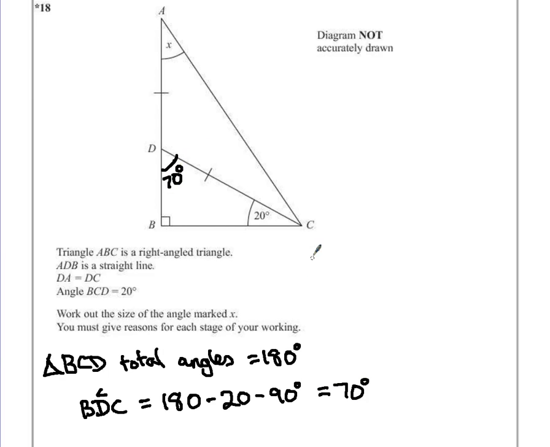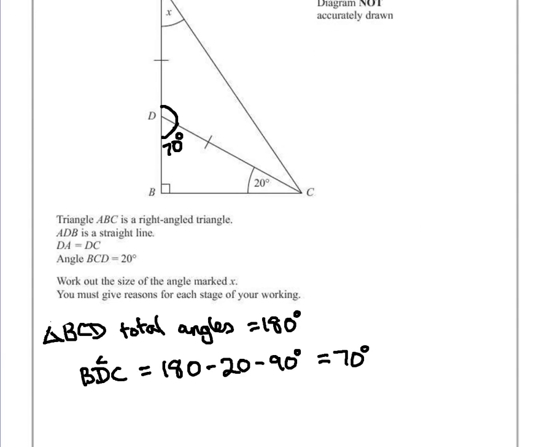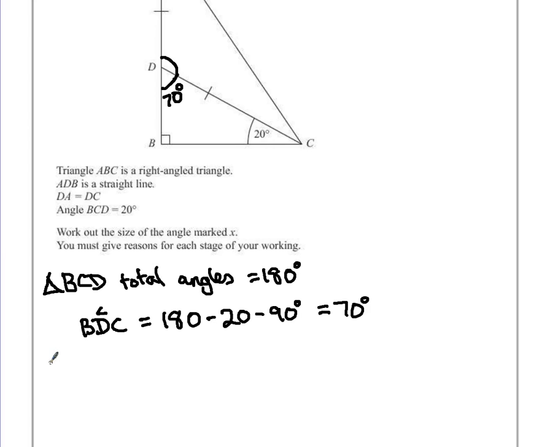So what else can we work out? Well, the next stage is going to be this one here. I can work out this angle, and that's known as angle ADC. The fact that we're going to use here is that angles on a straight line add up to 180 degrees.